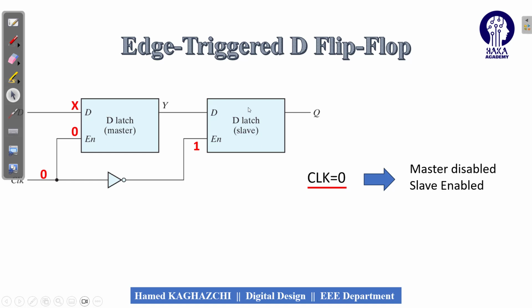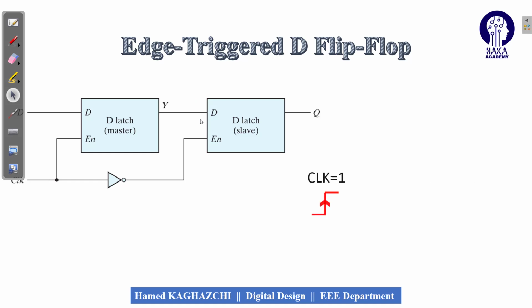But because this slave latch works, the Y, which is the output of the master D latch, comes to the input of the slave D latch, and the slave D latch transfers this Y to the output. So our output is equal to Y. What is Y? Y is the previous value of the master D latch.